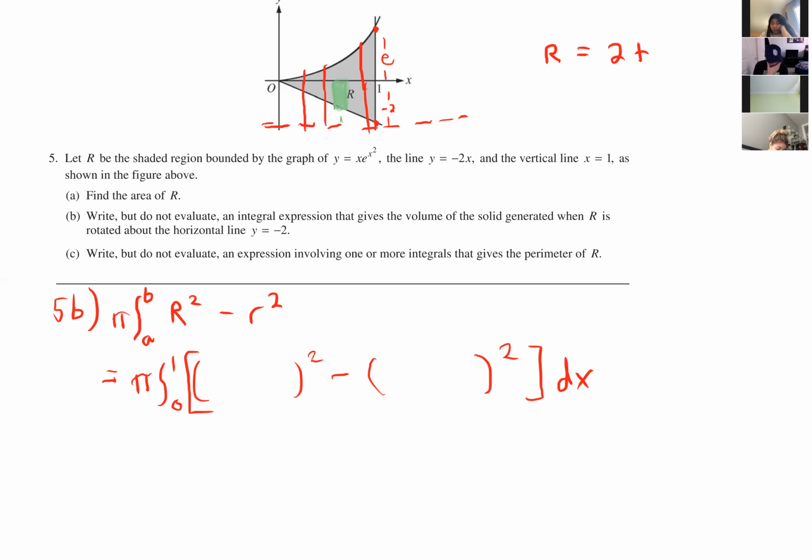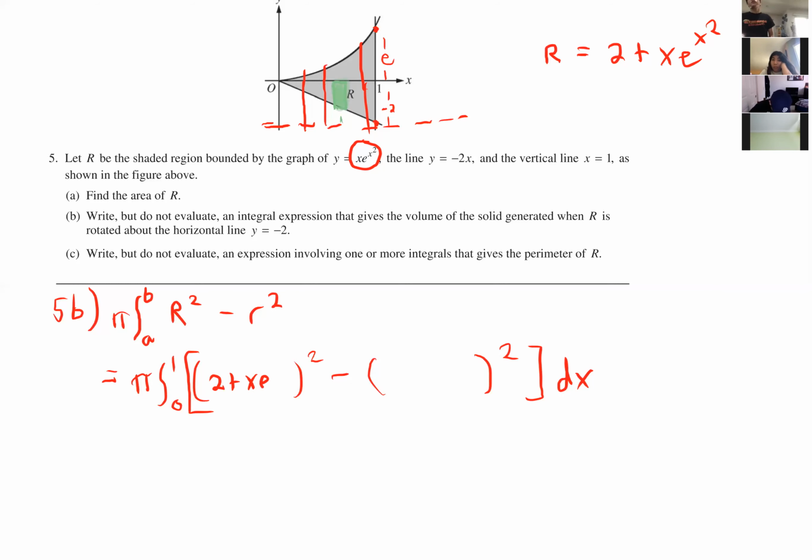This lower part never changes. It's always 2 plus something. But then above the x-axis, it's always going to use this right here, x e to the x squared. So the big radius, when you swing that whole thing around the axis, the line y equals 2, the big radius is always going to be 2 plus x e to the x squared.